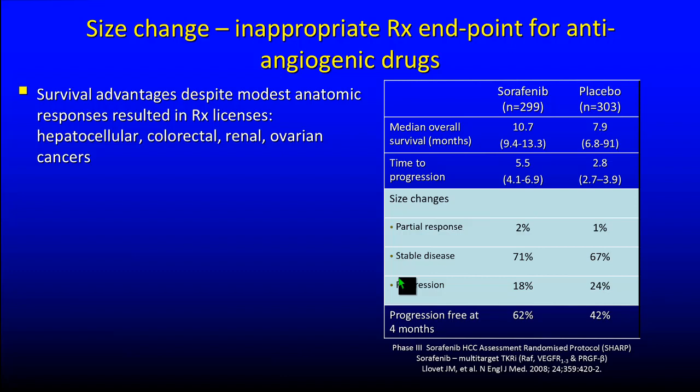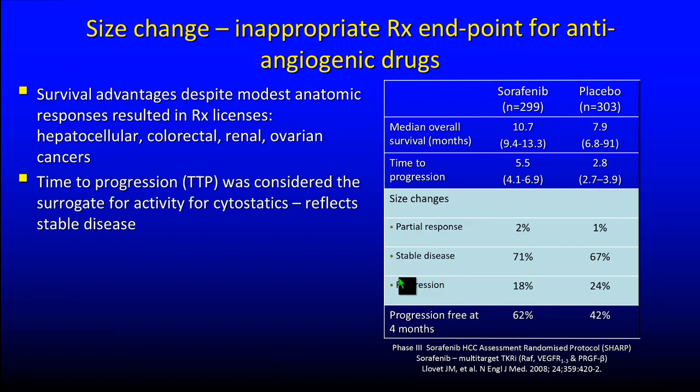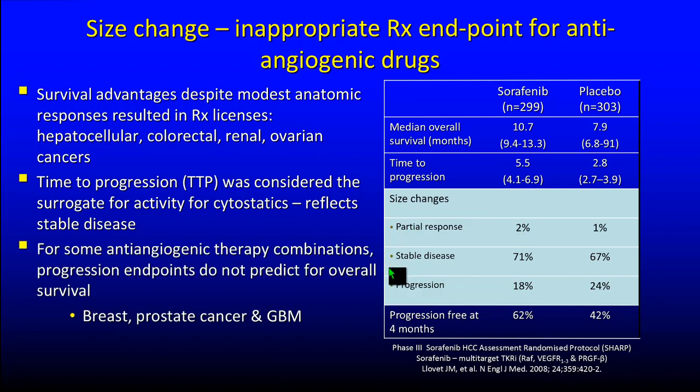Now, we always thought that time to progression, the time at which tumors progress, would be the surrogate for survival. And it turns out it's not the case. So, for example, if you look at prostate cancer, brain cancer, and breast cancer, yes, it increases time to progression.